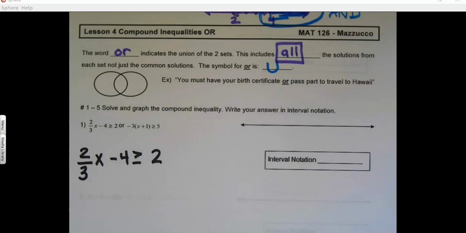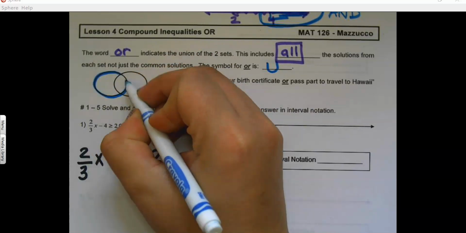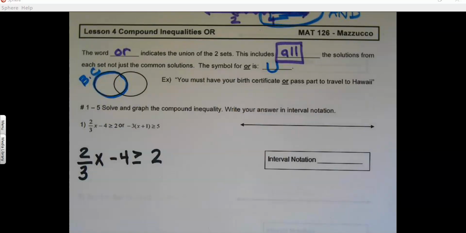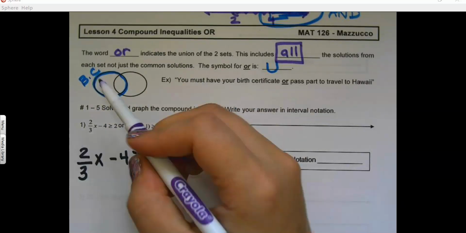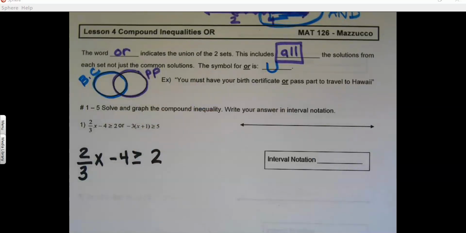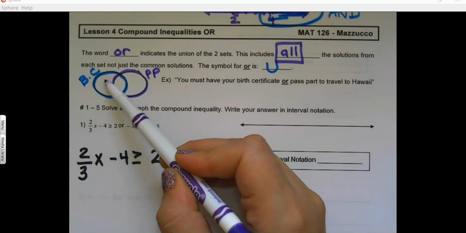Let's do a non-math example. Let's say this circle represents birth certificate, and the other circle represents passport. I tell people, come stand over here if you have your birth certificate.